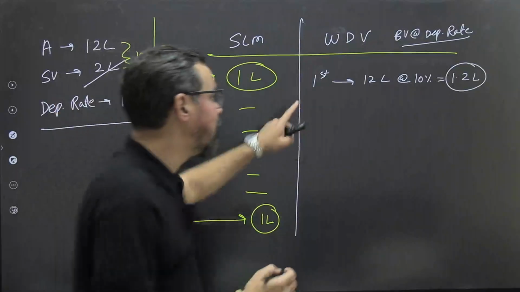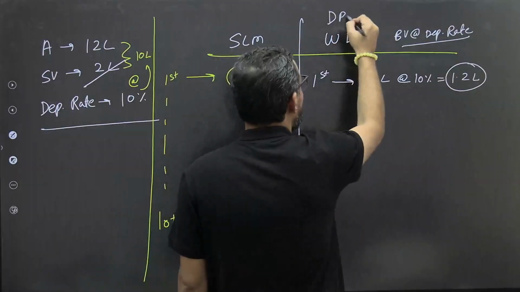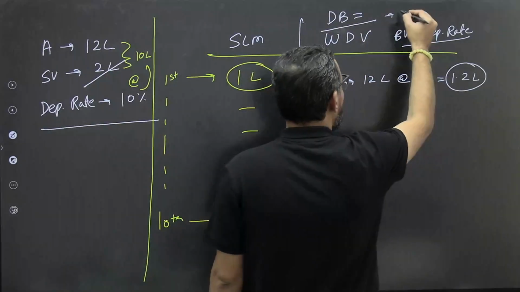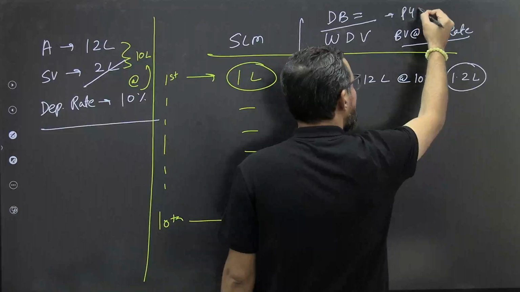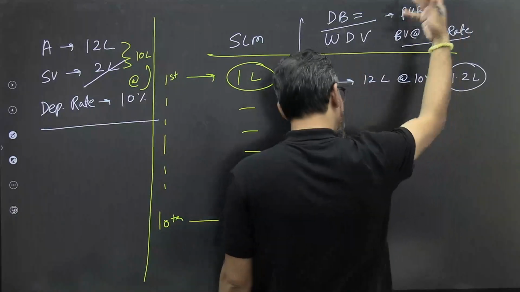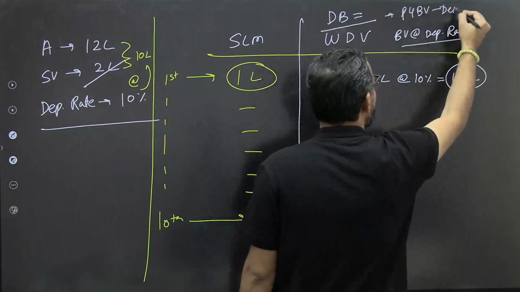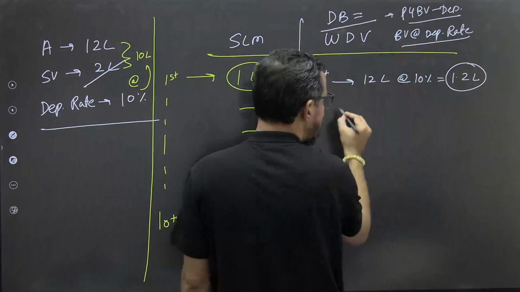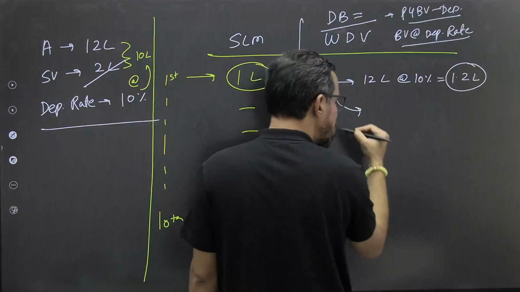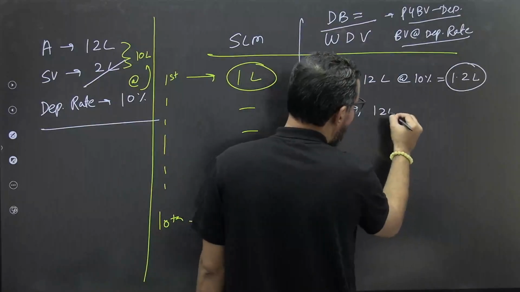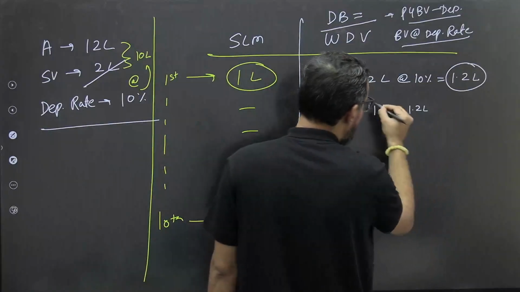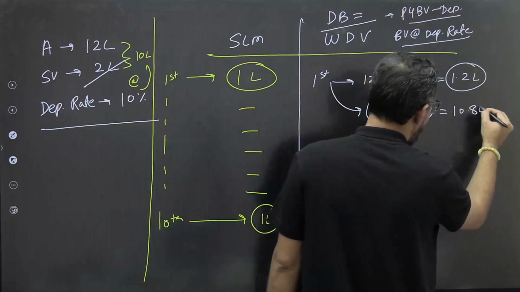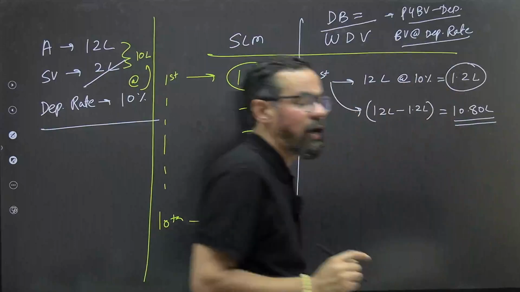The diminishing balance is equal to the previous year's book value, or the book value at the beginning, minus depreciation for the year. At the end of the first year, the asset value will be 12 lakh minus 1.2 lakh, which is equal to 10.80 lakh. So this is the book value at the end of the first year.